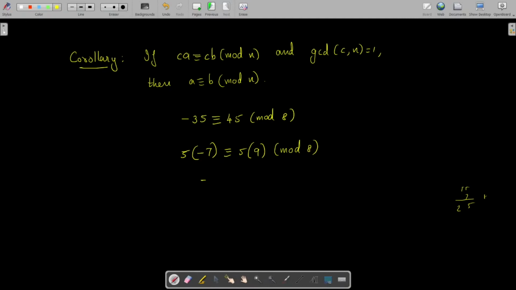So we can cancel 5 from this congruence and we can write minus 7 is congruent to 9 mod 8. Actually it is true because minus 7 minus 9, which is equal to minus 16, is a multiple of 8. Thus if ca is congruent to cb mod n and GCD of c and n equals 1, in that case we can write a congruent to b mod n.